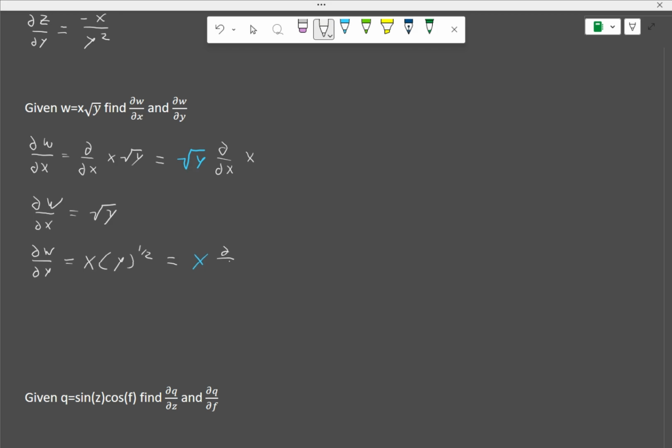So the derivative with respect to y of y to the 1/2 would just be equal to x times 1/2 y to the 1/2 minus 1. And you can see that would be 1/2 x y to the negative 1/2. So the partial derivative of the function w with respect to y would just be equal to x over 2 root y.